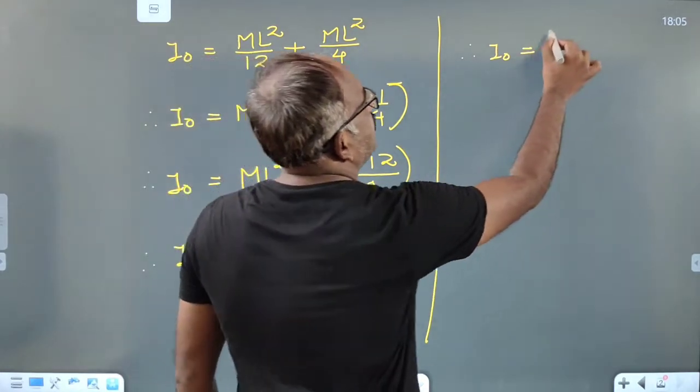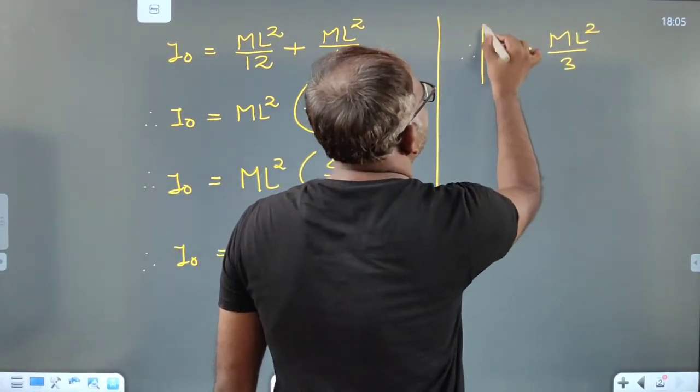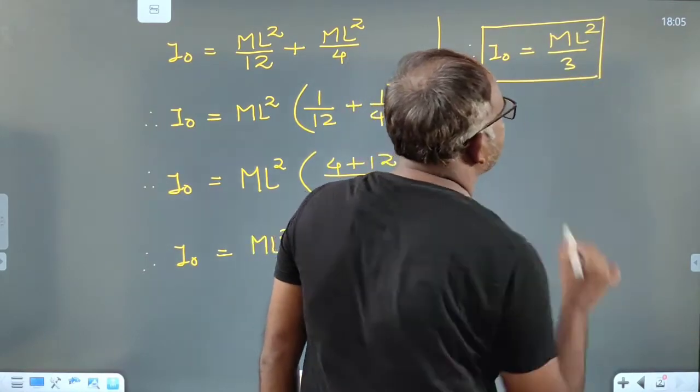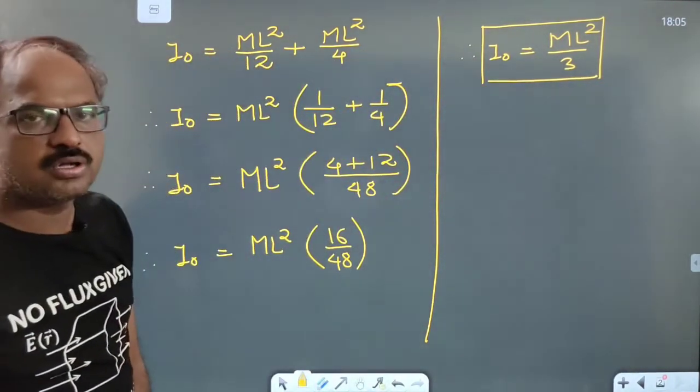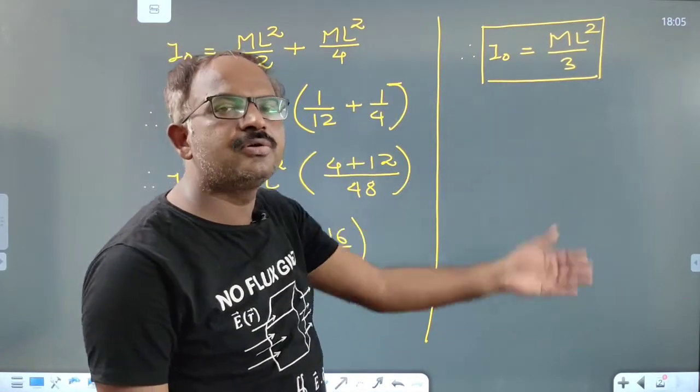Therefore we get M L square by 3. This is the M.I. of the thin uniform rod about an axis passing through its edge and perpendicular to its length.